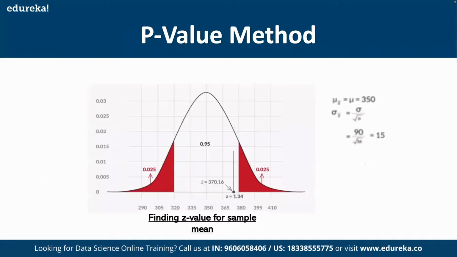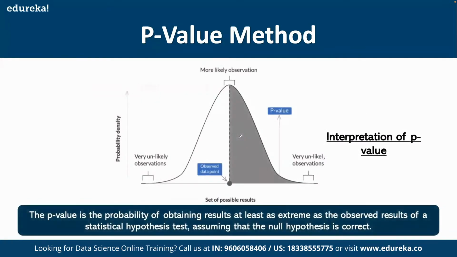In the p-value method, first we'll find the Z value for the sample mean. Once I find the value of Z, the next thing we are going to do is get the respective p-value.